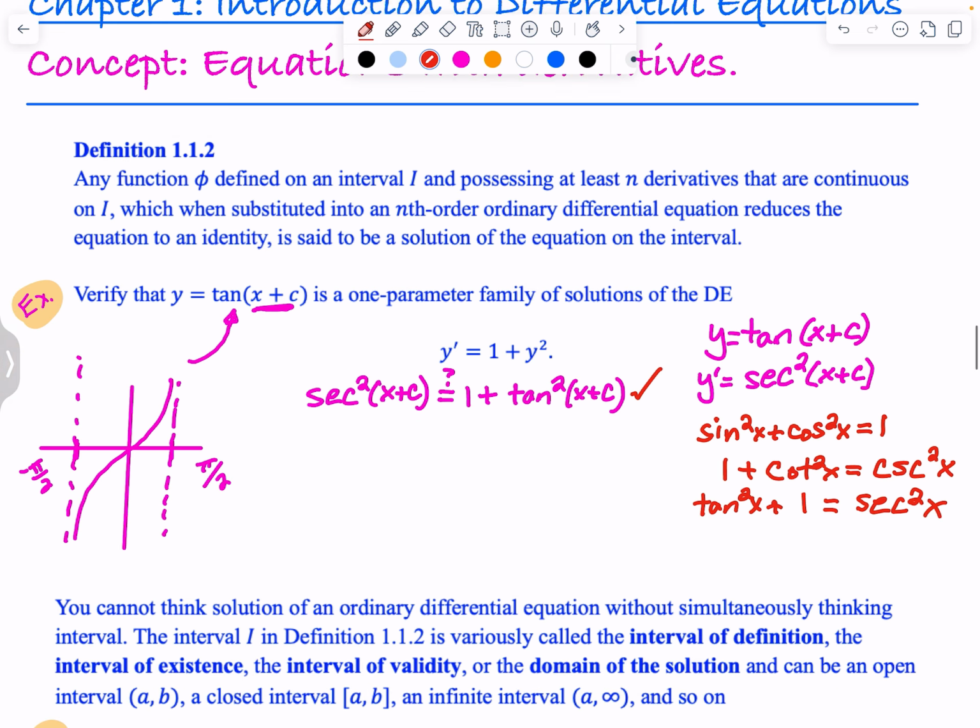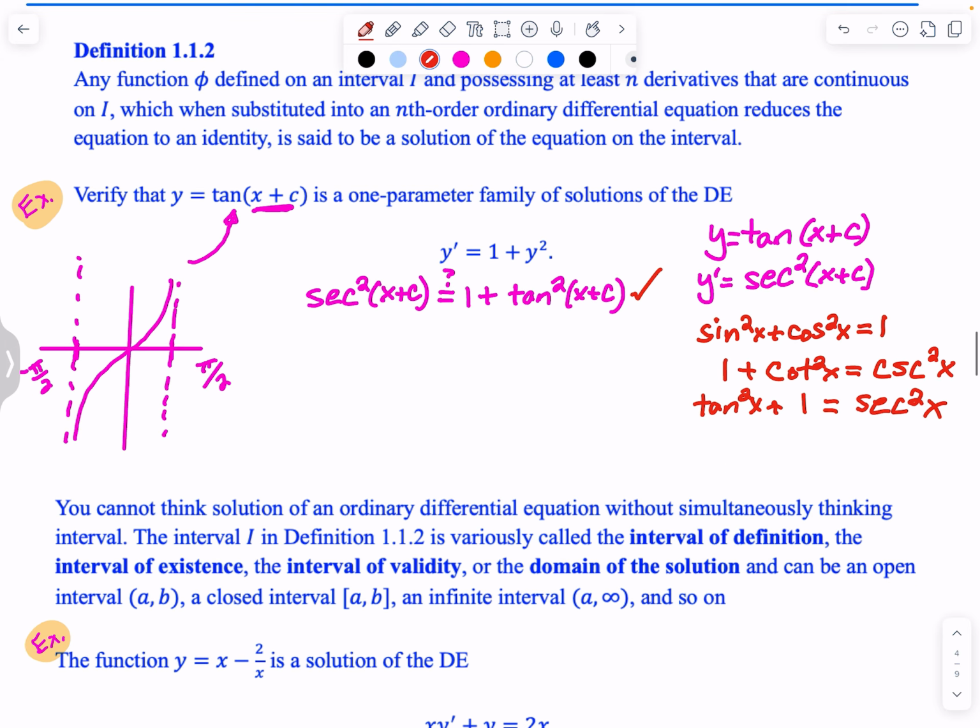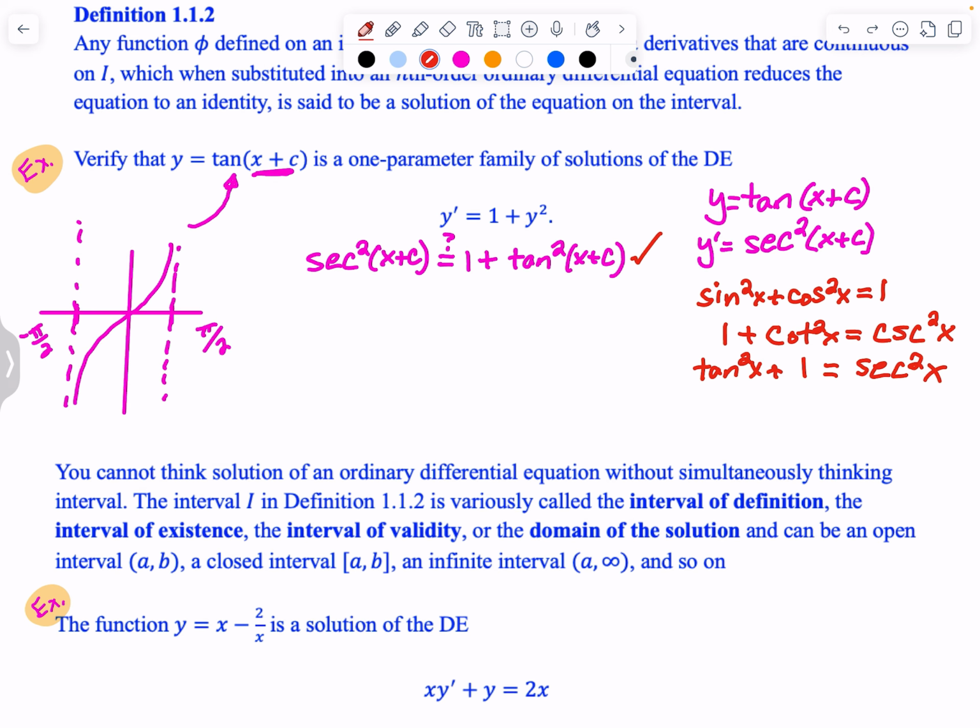All right, so let's start talking about that interval. That interval I was talking about, where we were saying that tangent functions exist in between those, and we want just one interval. This interval has several names: interval of definition, interval of existence, validity, and the domain of the solution. Many different names.